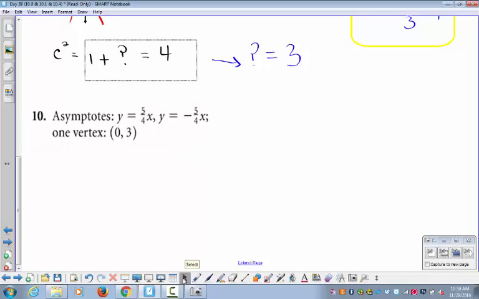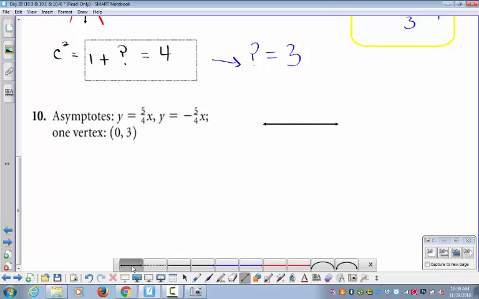All right, so here, again, a sketch is going to be really helpful. This one, we're given the asymptotes. We're told that the asymptotes are 5 fourths, so up 5 over 4, so kind of steep, more steep than shallow. So 5 fourths.